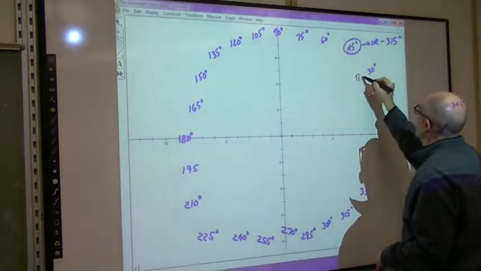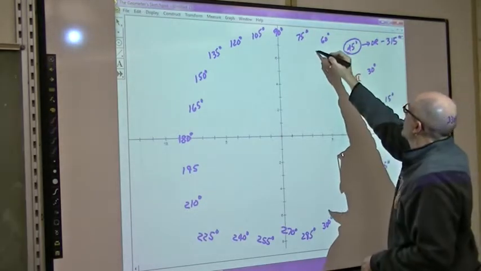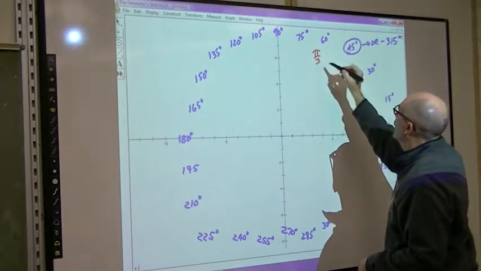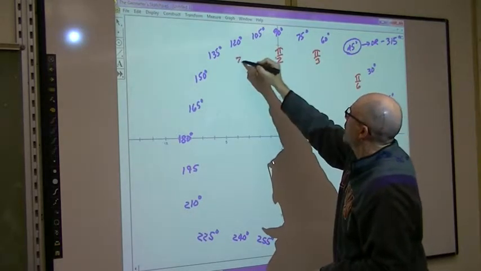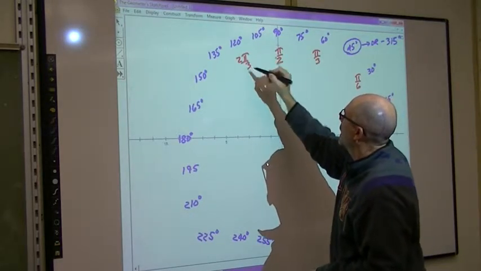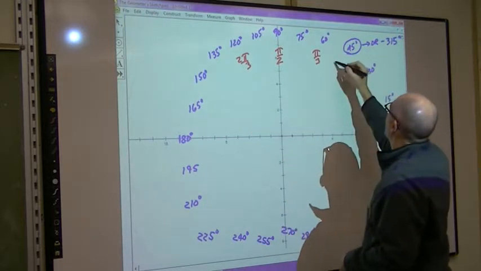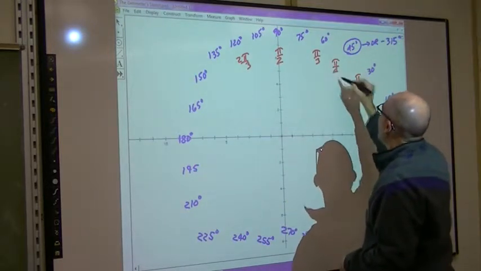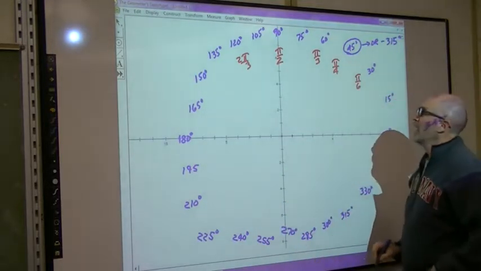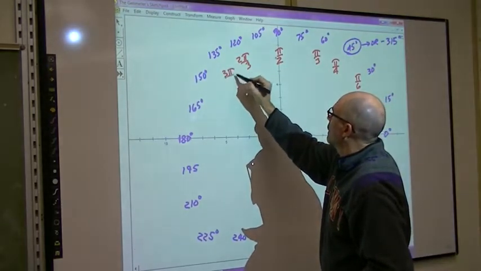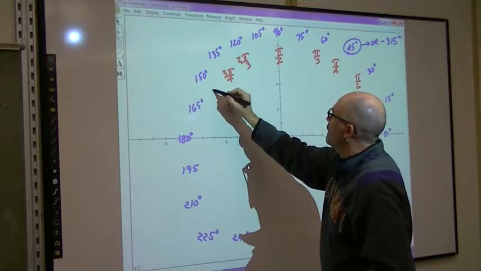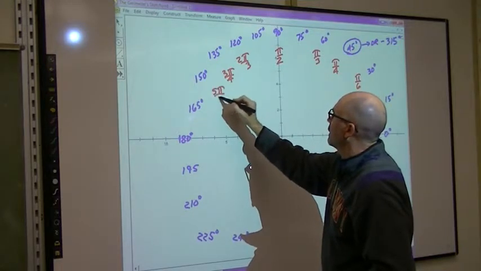Here's pi over 6. Here's pi over 3. Here's pi over 2. Here's 2 pi over 3. Here's, oh, we forgot pi over 4. What the heck? Forgot pi over 4. And then we've got 3 pi over 4. We've got 5 pi over 6.